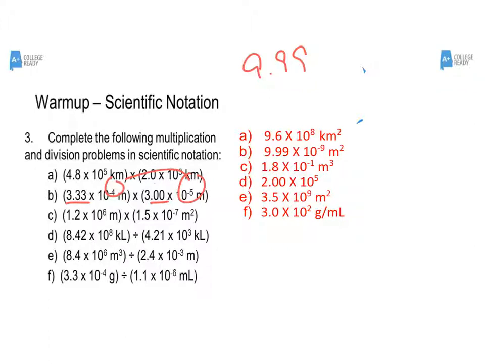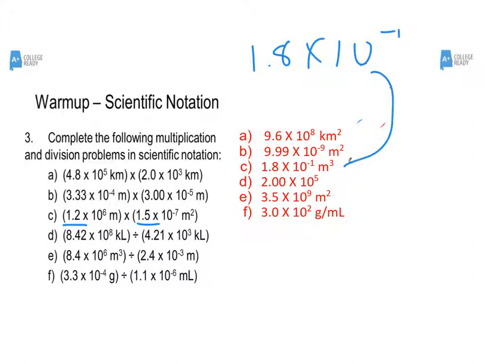So a minus 4 plus a minus 5 gets you a negative 9. And that is the answer. Number 3 is also multiplication, so 1.2 times 1.5 gets us 1.8. You're going to add those two exponents, a 6 plus a negative 7 gets us a negative 1, and that is the answer.